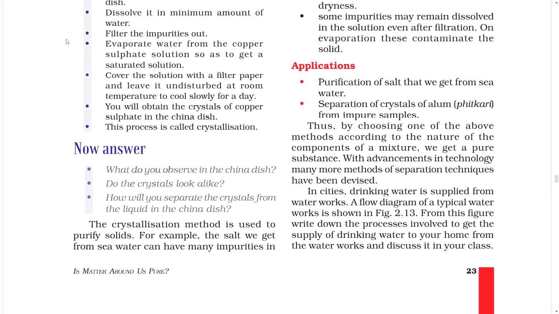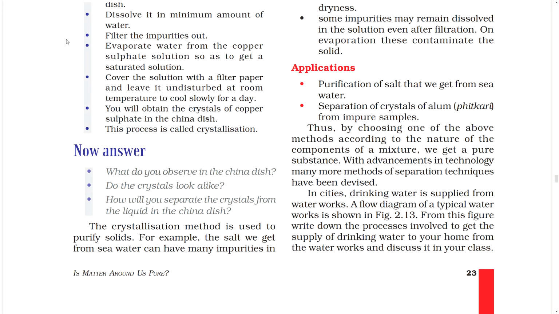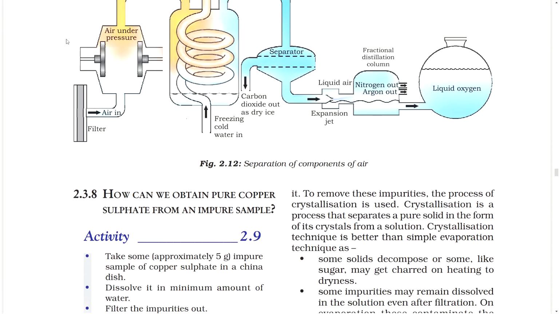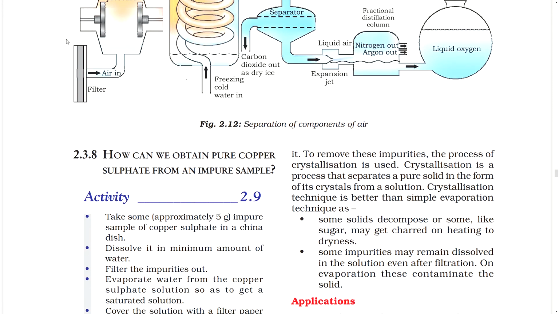Now answer, comment this. The crystallization method is used to purify solids. For example, the salt we get from seawater can have many impurities in it. To remove these impurities, the process of crystallization is used.